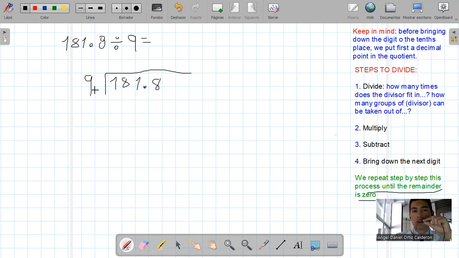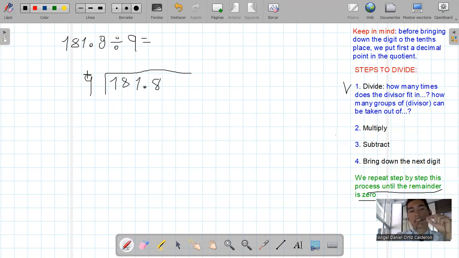So some students, before going to the first step, they ask, is the 9 greater than the first digit? If it is not, they take the two first digits, in this case 18, because 18 is greater than 9.